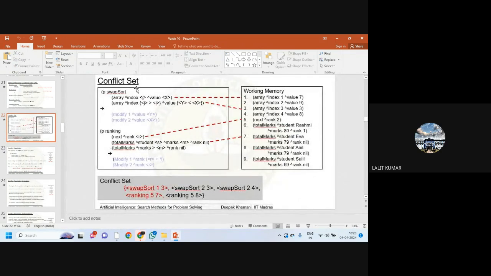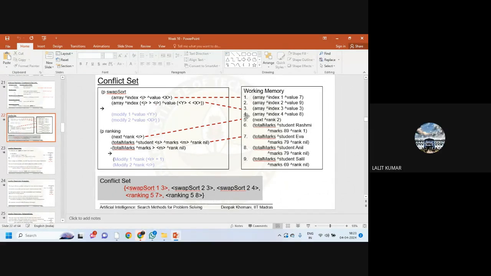For the swap sort, he has given two conditions. First condition is array index I, value is x. This pattern one will match with all of 1, 2, 3, 4.